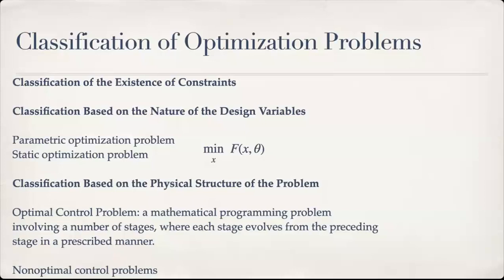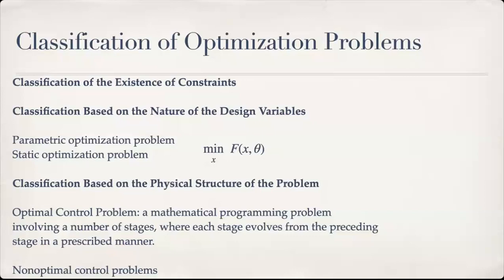Okay, then we move to the next one, classification of the optimization problem based on the nature of design variables. What is the nature of design variables? Previously, I told you that they are decision variables, right? In some cases, people use decision variables or design variables.